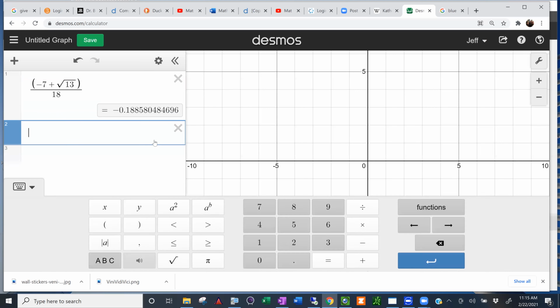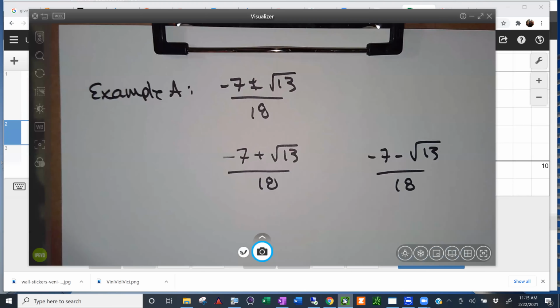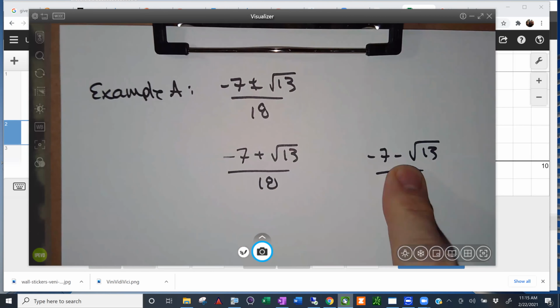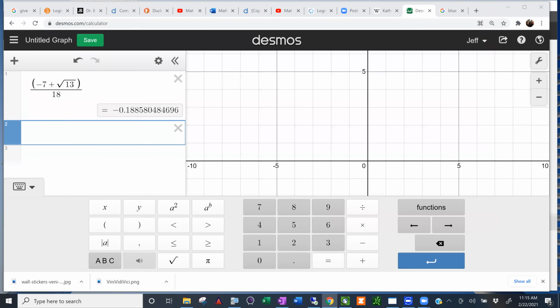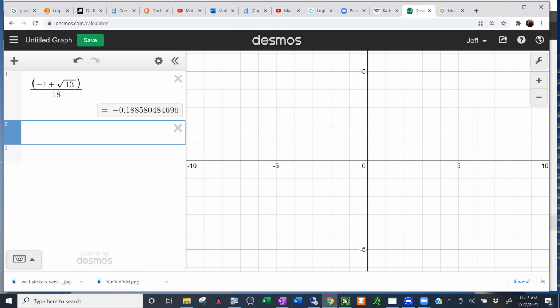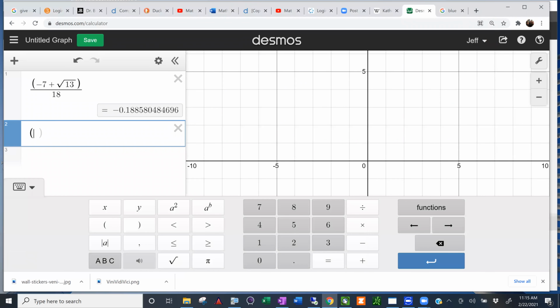Let me do that again for the other case. Remember that there were two cases here. There was a +1 and a -1. So let me repeat that for that second case. Once again, you start out with a parenthesis, -7. This time I want a minus square root.